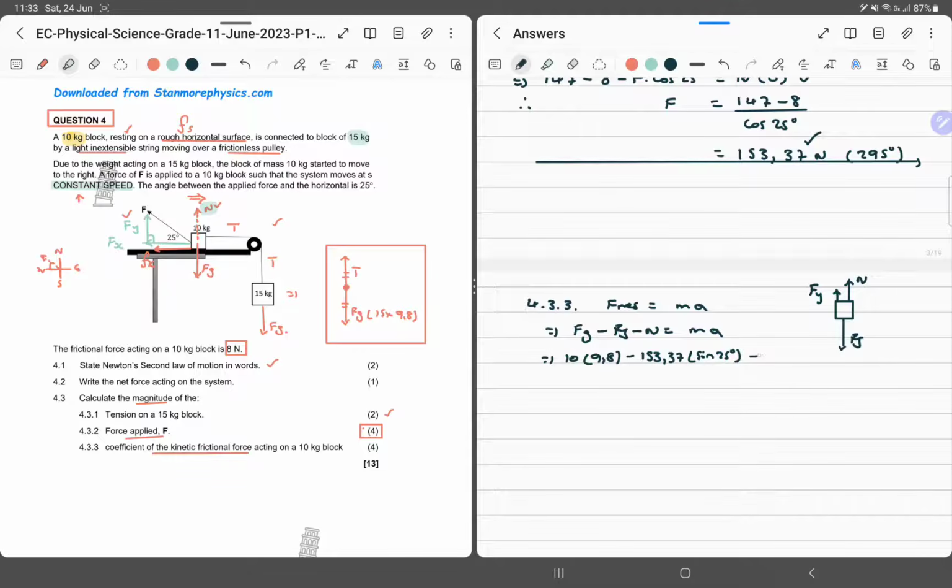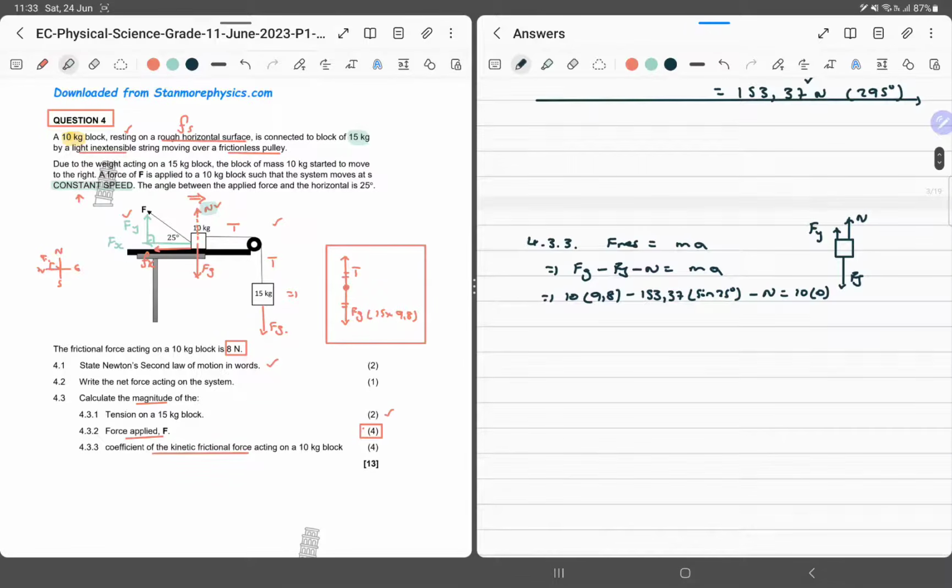Minus N is equal to 10 into 0 because there's no acceleration in the vertical direction. So it's a bit of a silly calculation, I'm telling you. And then what does this imply? This implies if we transpose, N is basically going to be 10 into 9.8 minus 153.37 into sine of 25 degrees. Okay, we needed the normal force.